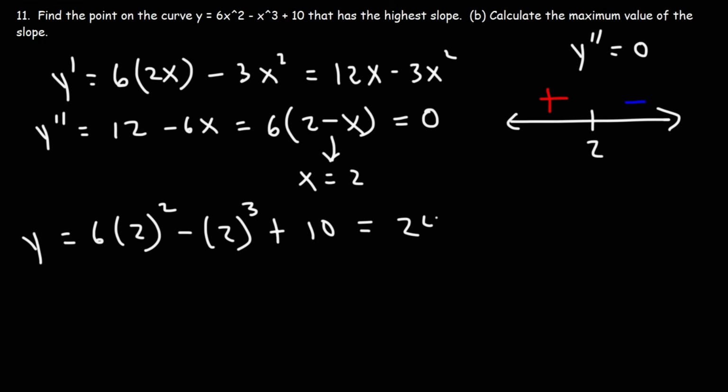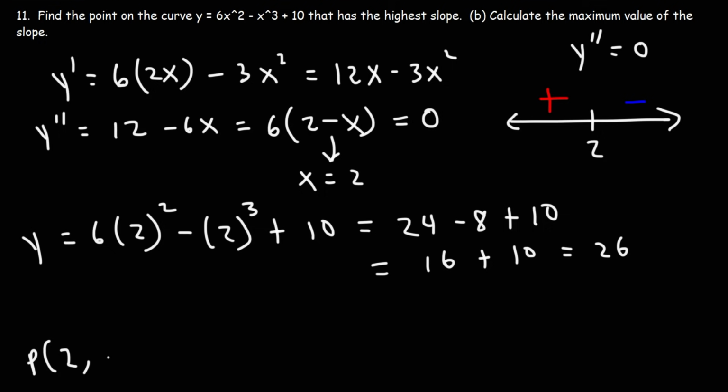That gives us 24. 2 to the third is 8. And 24 minus 8 is 16. 16 plus 10 is 26. So the point for the first part of the problem occurs at an x value of 2 and a y value of 26. So that's the answer for part A for this problem.